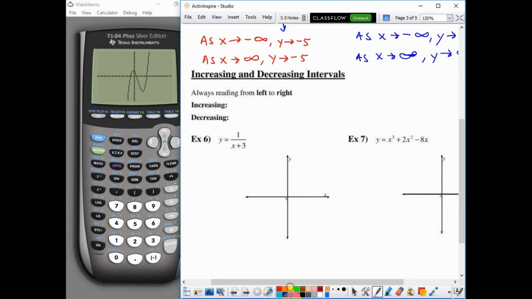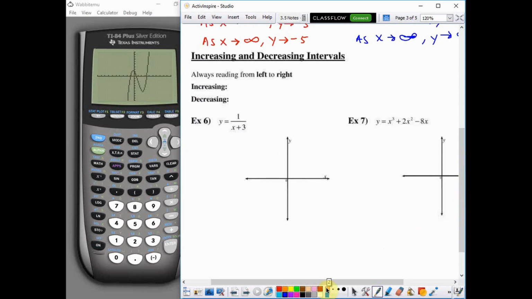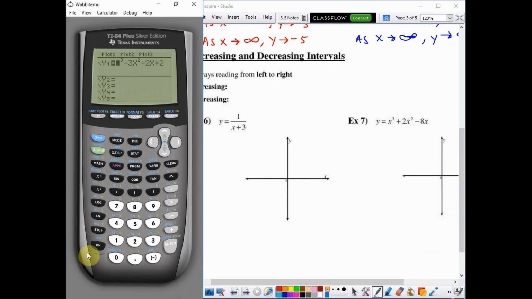Now increasing and decreasing intervals. So go back to y equals and graph y equals 1 over x plus 3. We want that x plus 3 all to be in the denominator, so make sure you put in parentheses.